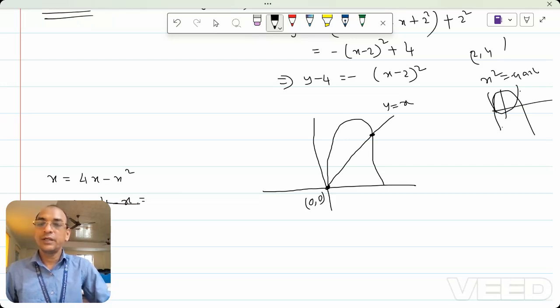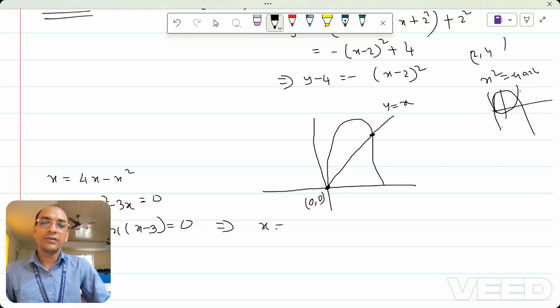So we can have here x square minus 3x equal to 0, and so x into x minus 3 equal to 0, and finally we will get x equal to 0 and 3.